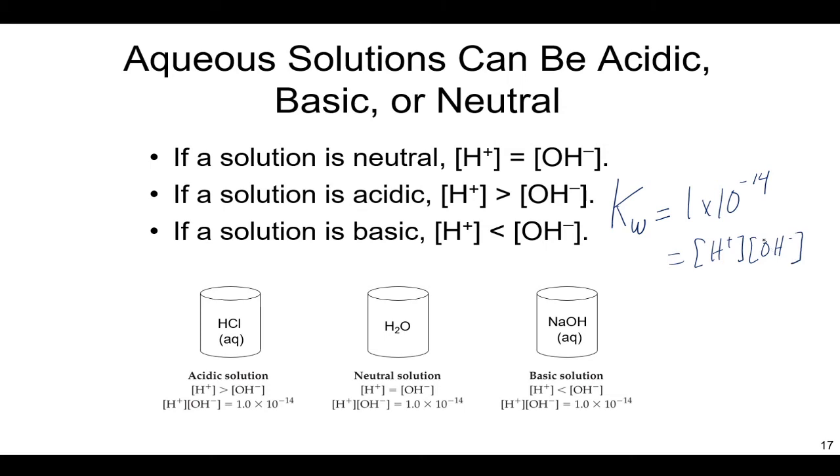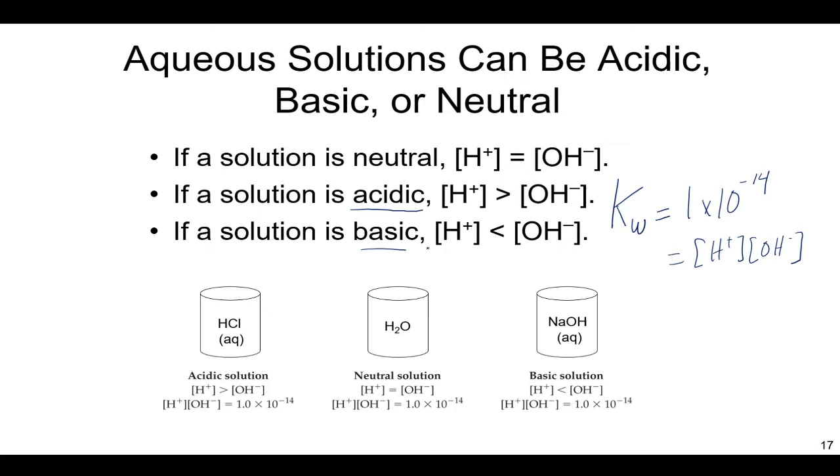And this represents the concentration of H plus times the concentration of OH minus. Now, we know acids donate and create H plus. We know bases, one definition, Arrhenius, says they create OH minus. So it's no surprise that another, more mathematical definition is that if a solution is acidic, we're going to have more H plus than OH minus. If a solution is basic, we're going to have more OH minus than H plus.